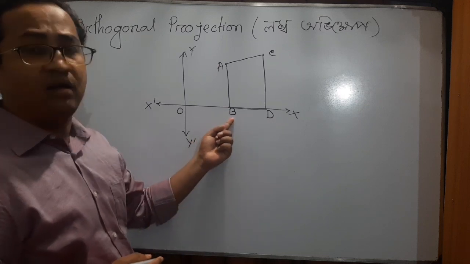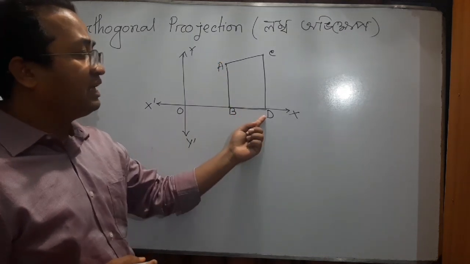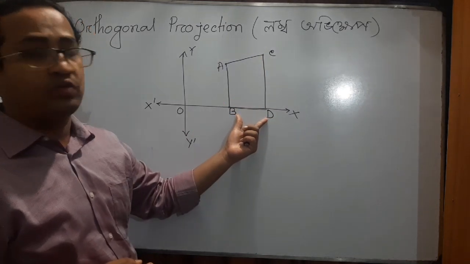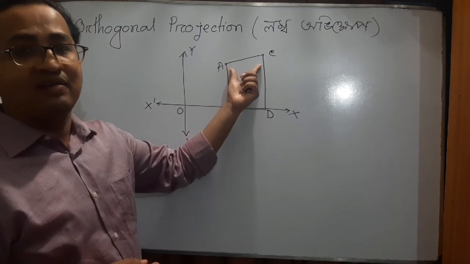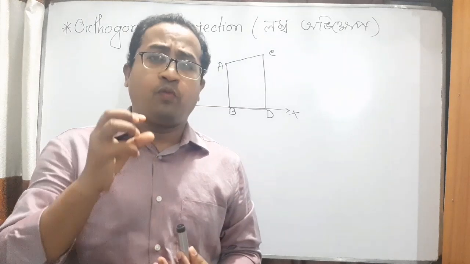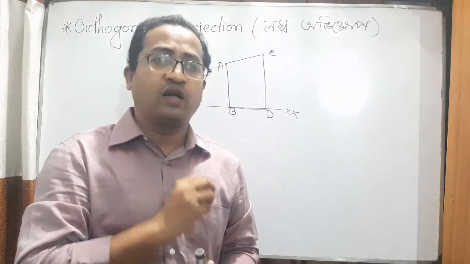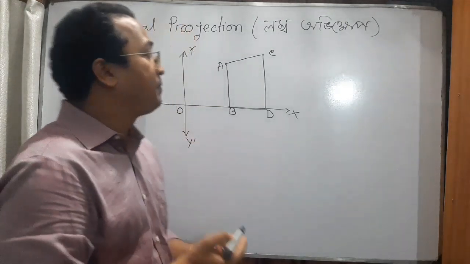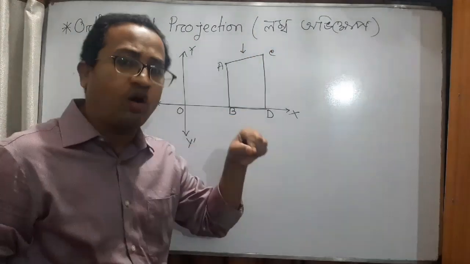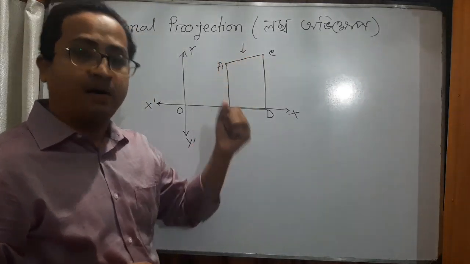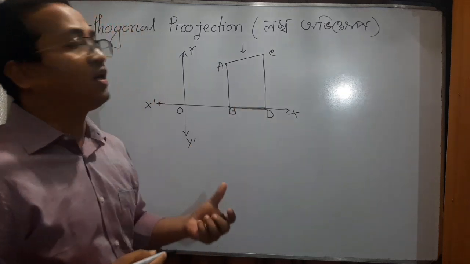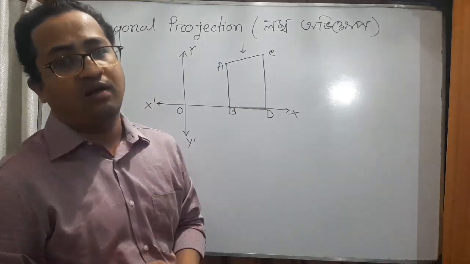B is the orthogonal projection of A, D is the orthogonal projection of point C, and BD is the orthogonal projection of line AC. Actually, orthogonal means perpendicular and projection means image. If you throw a torch light perpendicularly, you will get a shadow. That shadow is the orthogonal projection of a line.